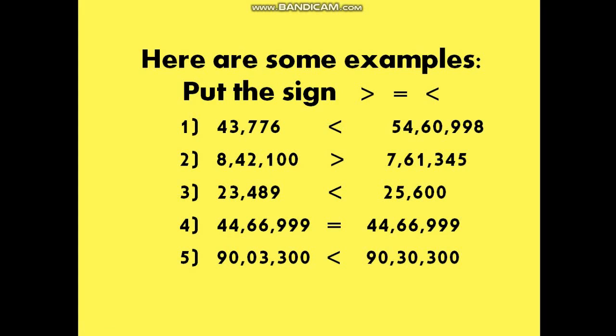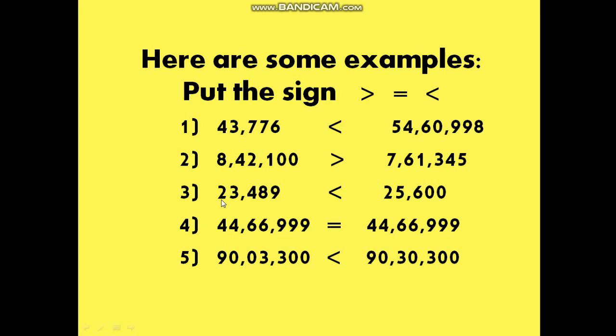Look at the third part. The number is 23,489. Next number is 25,600. The number of digits is the same. We compare from the left side.